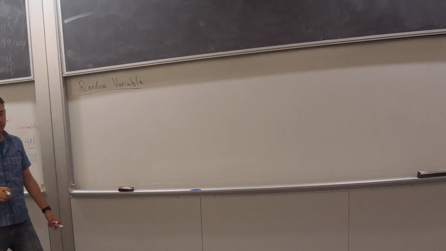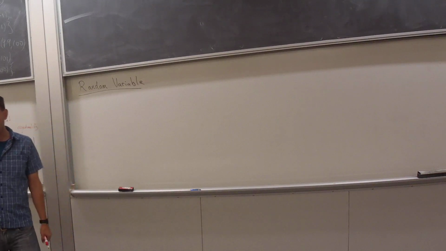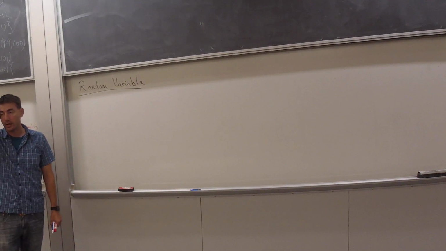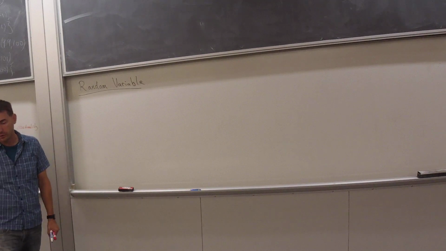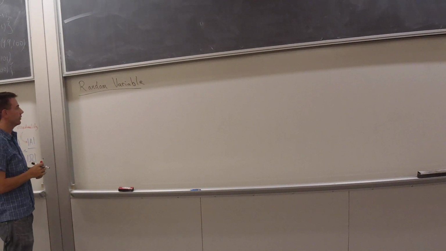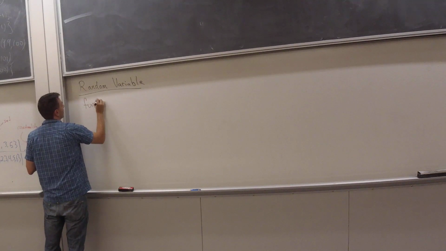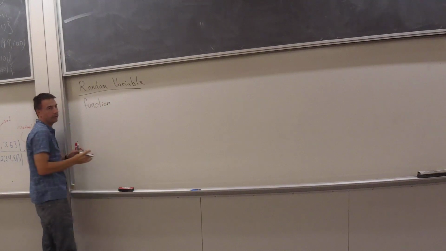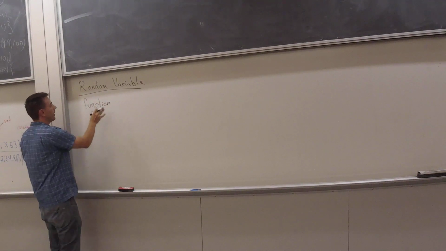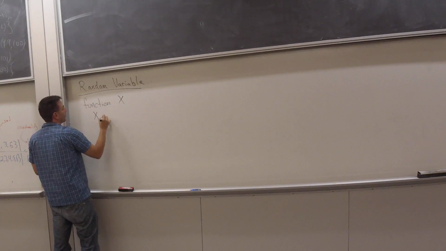This is going to be a function from the sample space to some other domain, and usually onto a value. So it's going to be a function X, right? So I'll write this as X.